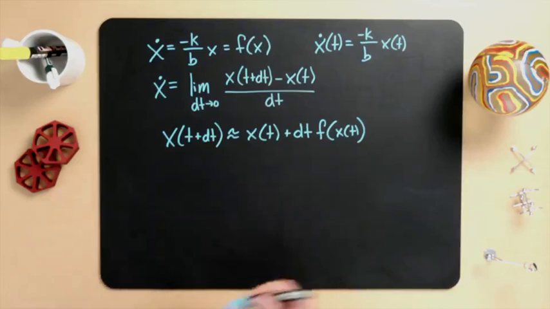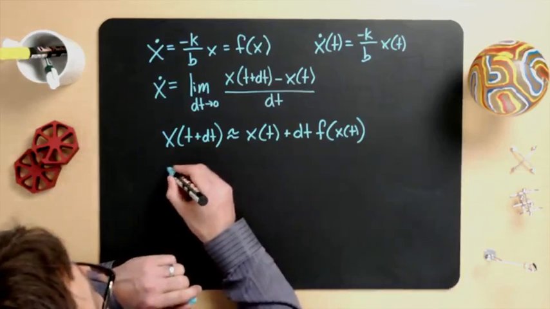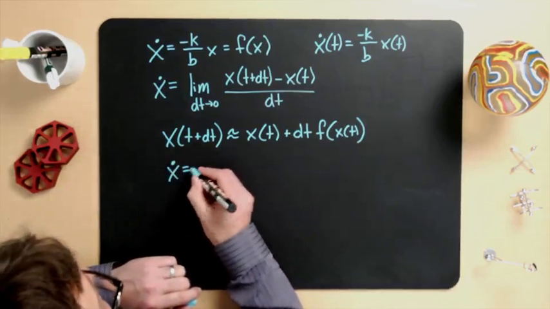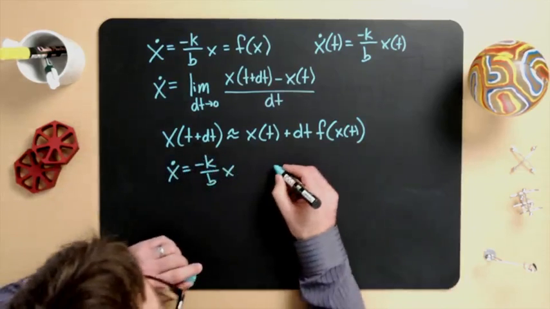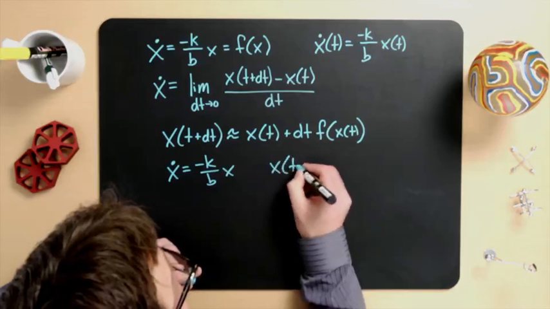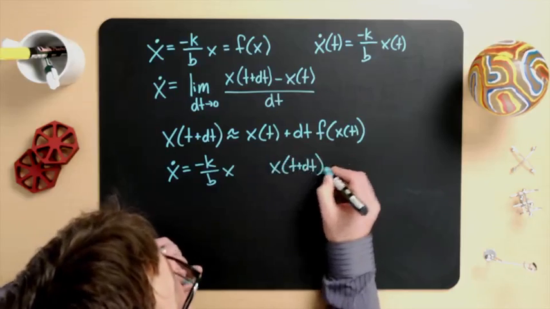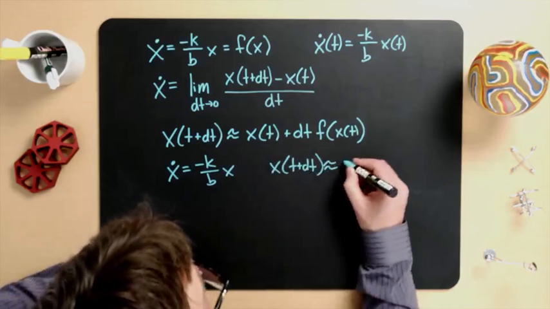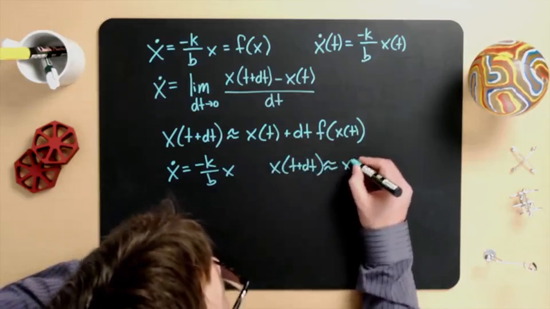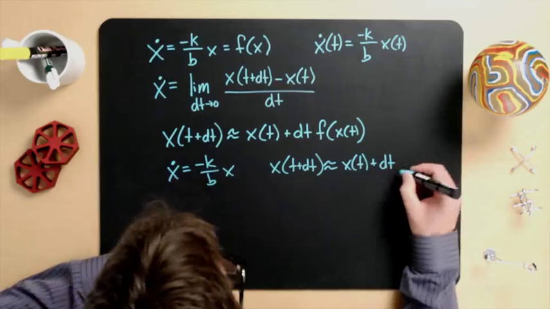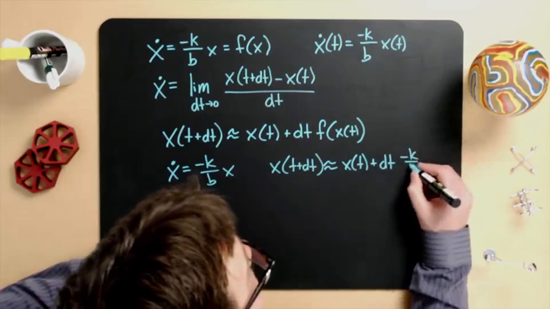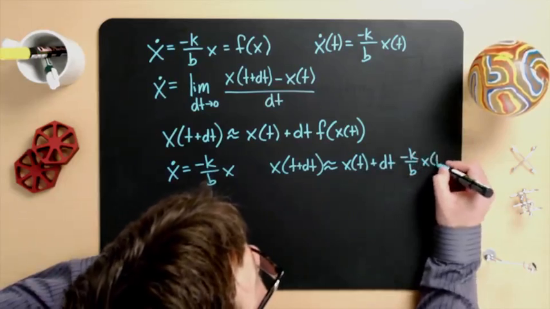To practically see how Euler integration works, let's look at the spring damper system again. We know that x dot is equal to minus k over b times x, and that therefore x of t plus dt is approximately equal to whatever x of t is plus dt times minus k over b times x of t.